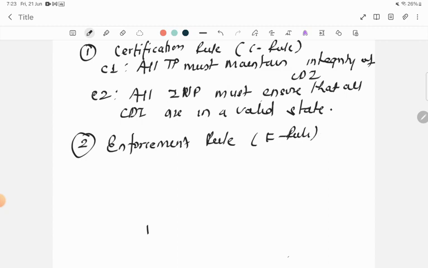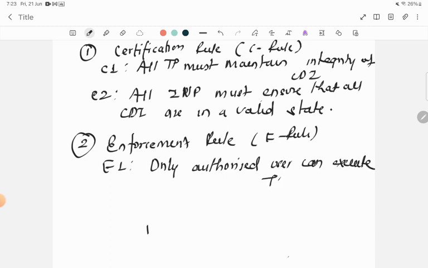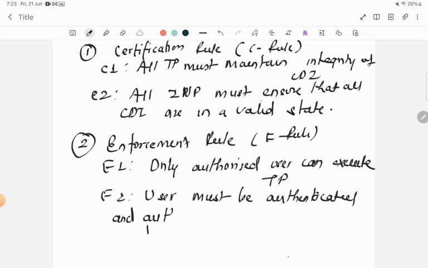There are around three E rules. First, E1 says that only an authorized user can execute TPs. I hope you are getting these English sentences. The second rule, E2, says the user must be authenticated and authorized to modify CDI.